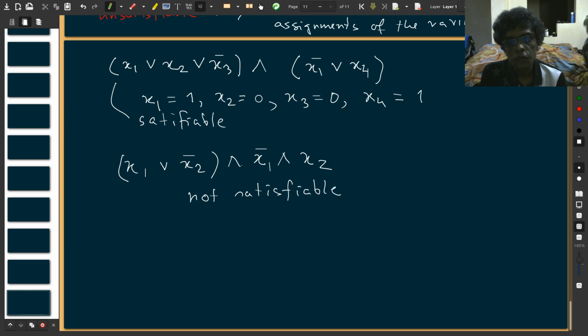Because if you want this to be satisfiable, this should be 1, this should be 1 and this should be 1. This should be 1 means X1 should be 0, this should be 1 means X2 should be 1, but then this is 0, 1 complement is 0, 0 plus 0 is 0. So this is not satisfiable.